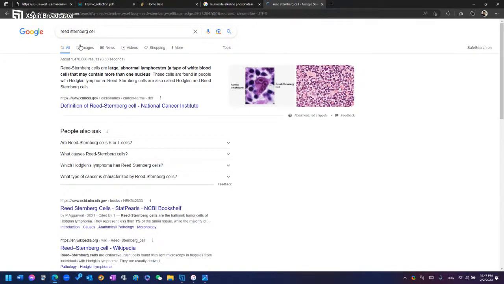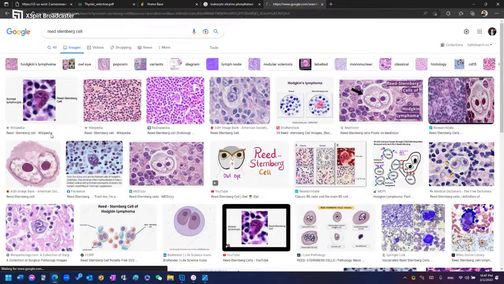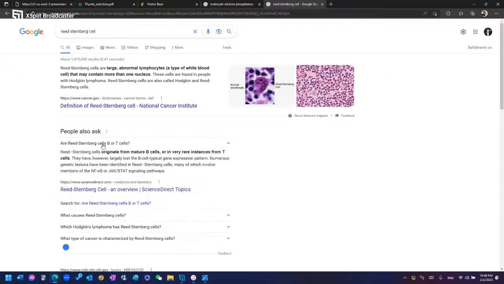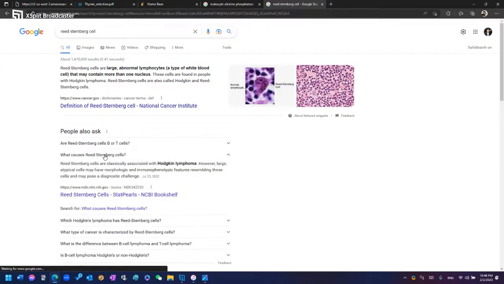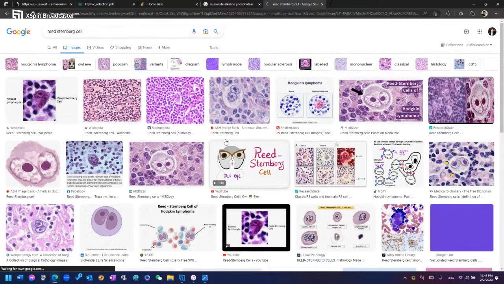So a Reed-Sternberg cell looks like this. It has these big nucleoli. Those are the photos of it. So they have more than one nucleus. They're just really ugly in a very specific way.